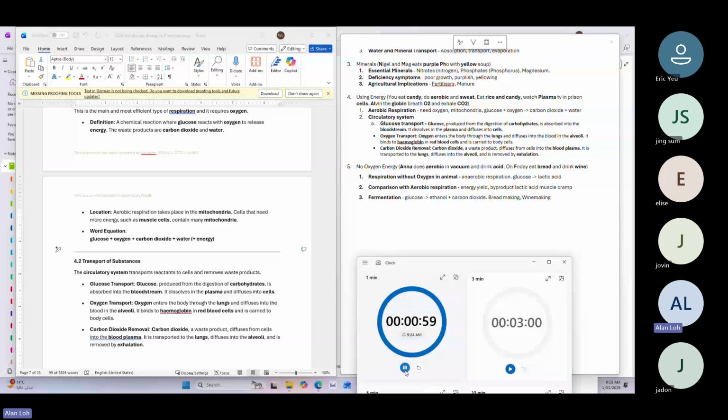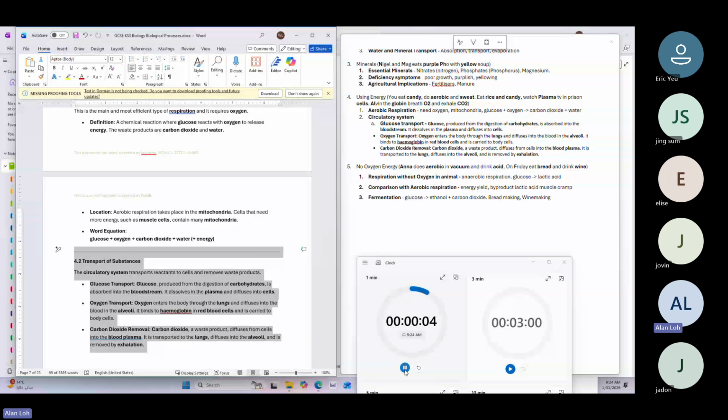Okay, let's move to drawer 5. Let's close this. Let's do this small part here. I hope everyone can follow.